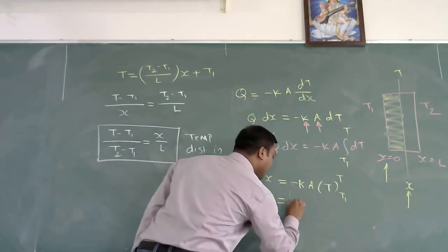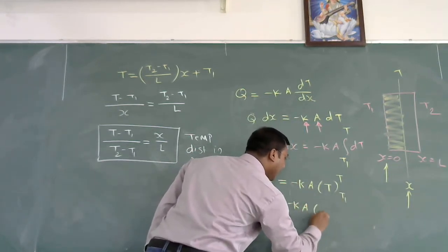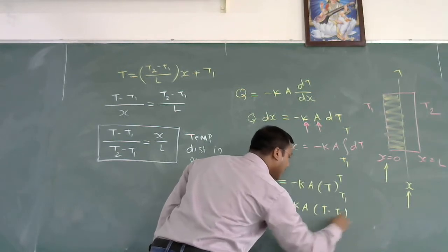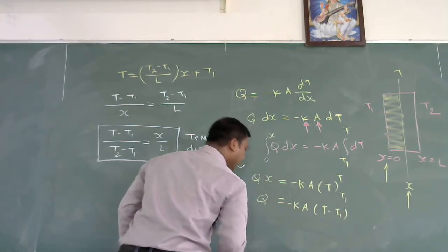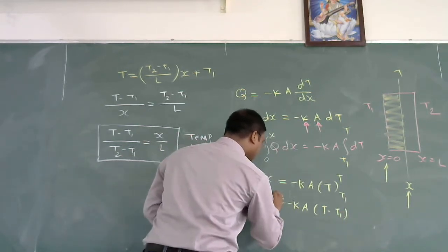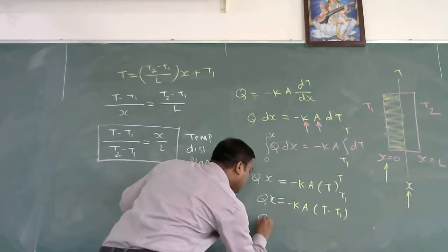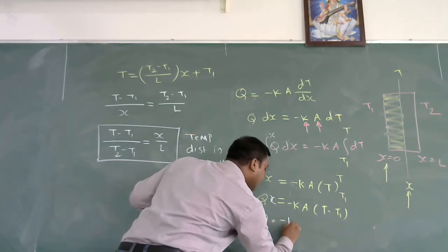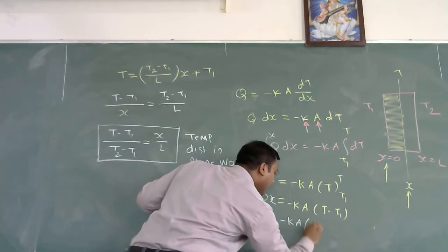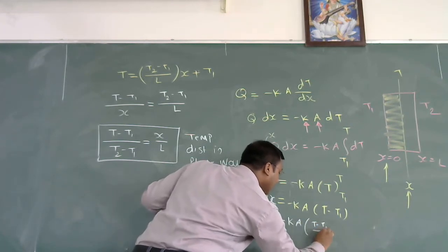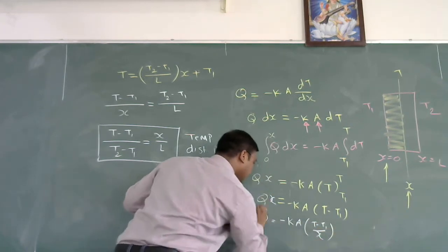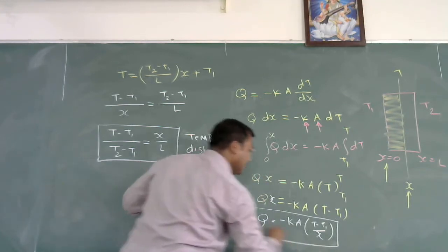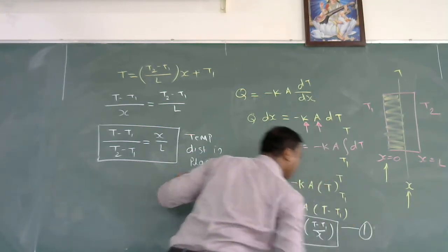So this becomes minus K into area, upper limit minus lower limit. If I rearrange, I get Q is equal to minus K into A into (T minus T1) by x. This is my equation number 1.